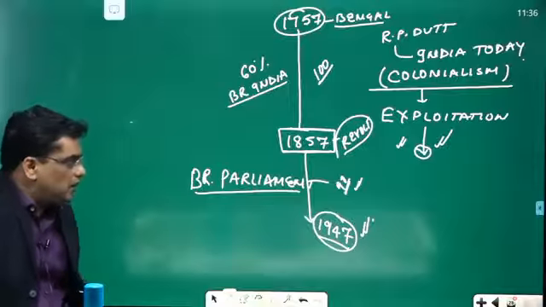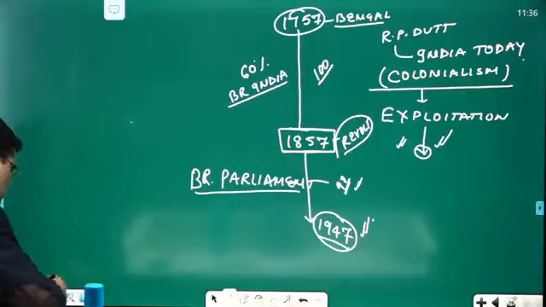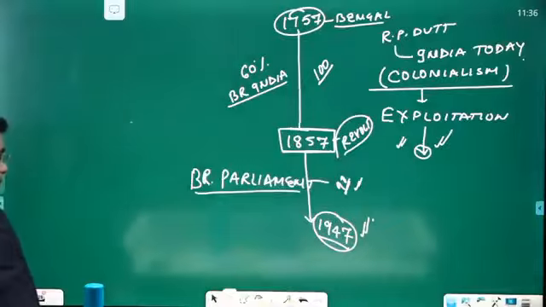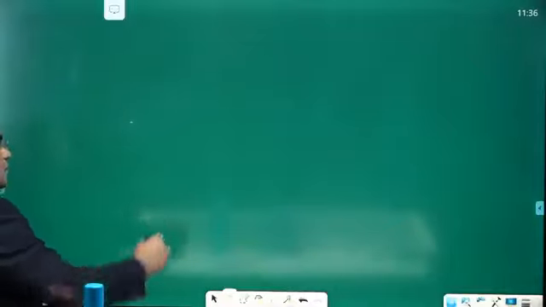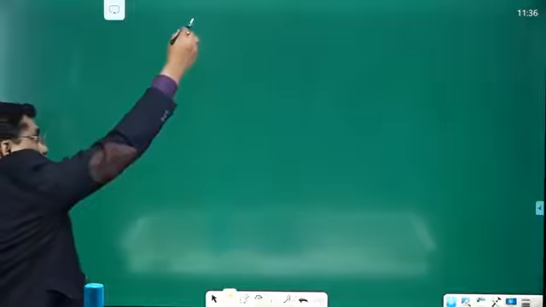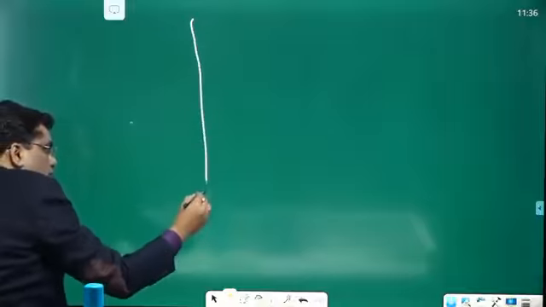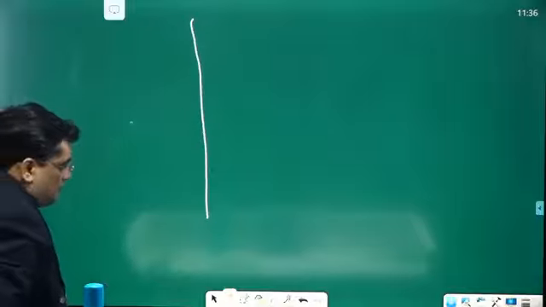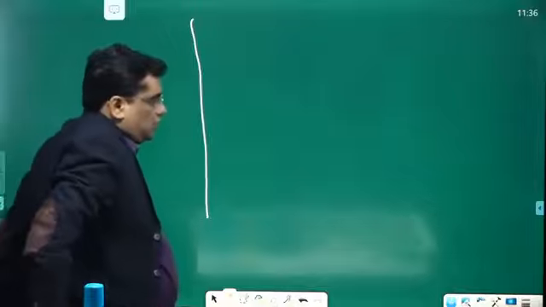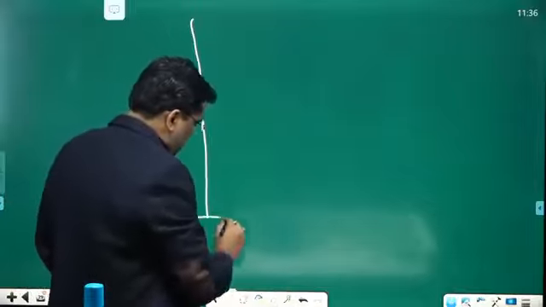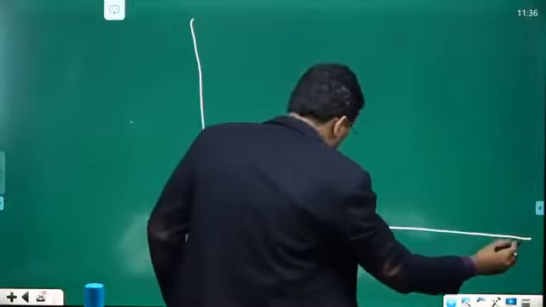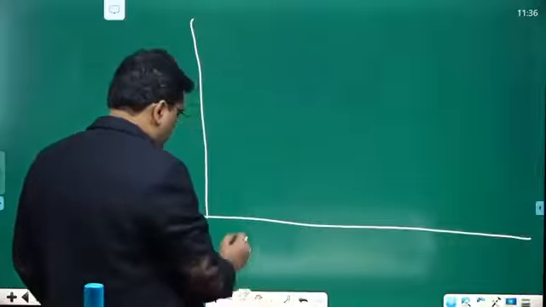So when British Parliament had taken control over India, first understand this graph, and keep it in mind, it will help you a lot in understanding many things.